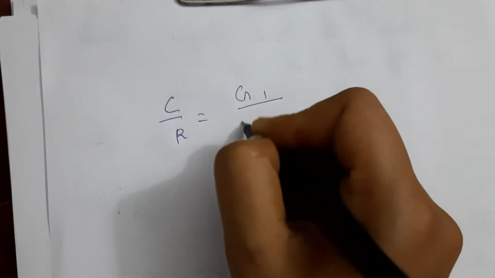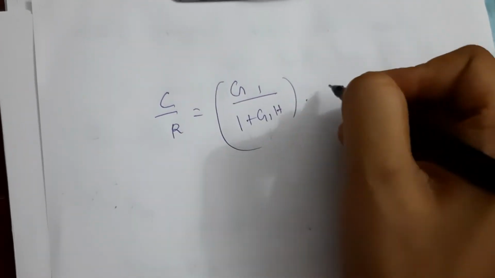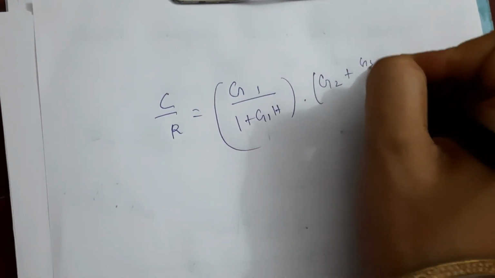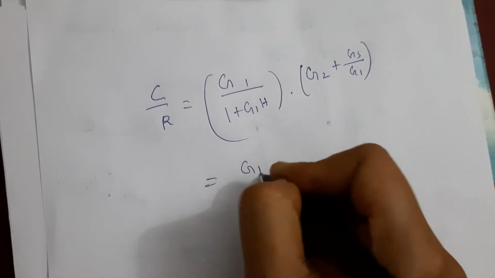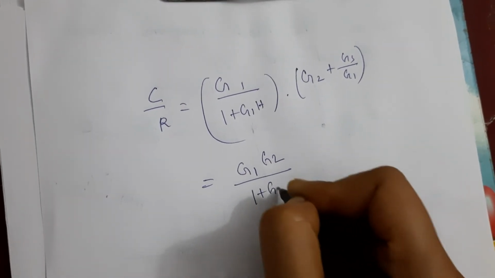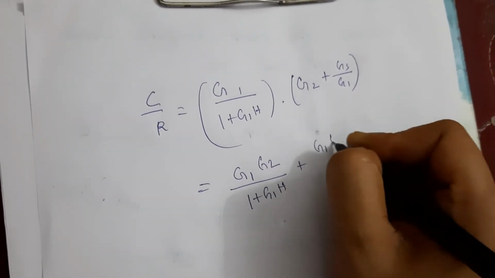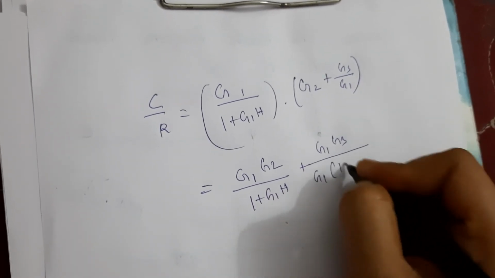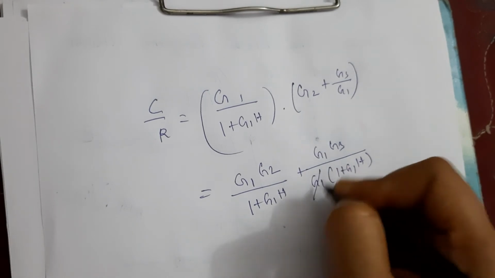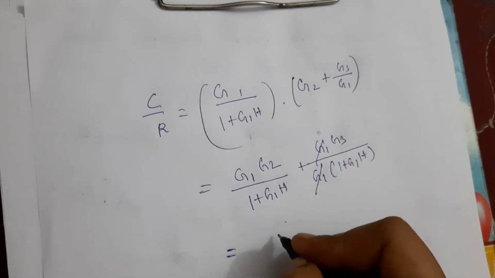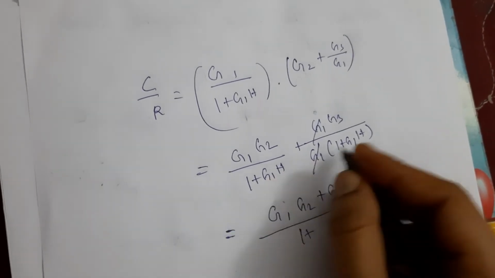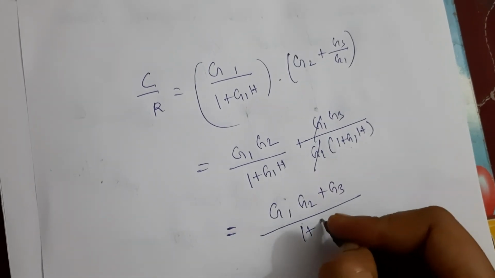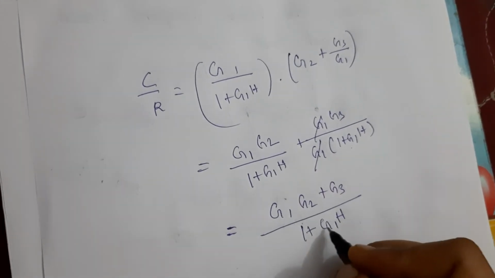Multiplying this we will get G1 G2 divided by 1 plus G1H plus G1 G3 divided by G1 into 1 plus G1H, and this G1 gets cancelled, and the result becomes G1 G2 plus G3 divided by 1 plus, the two terms are common here, so we take the common term 1 plus G1H.